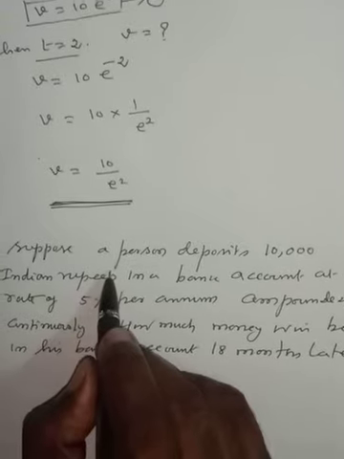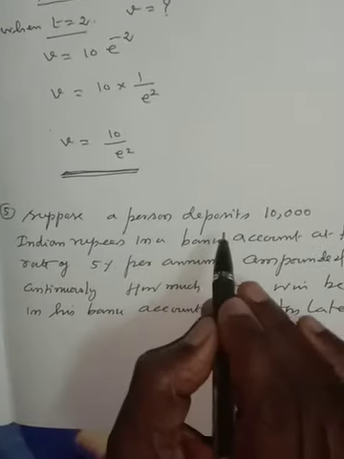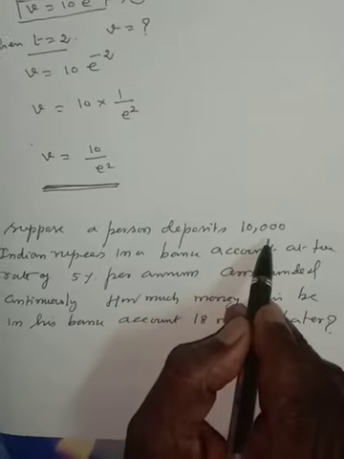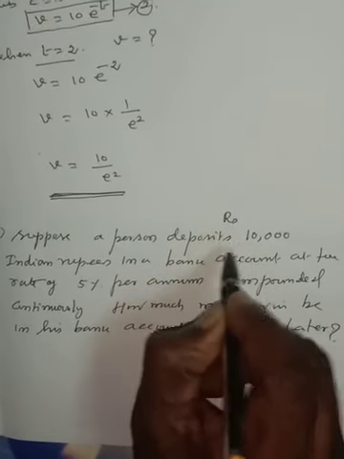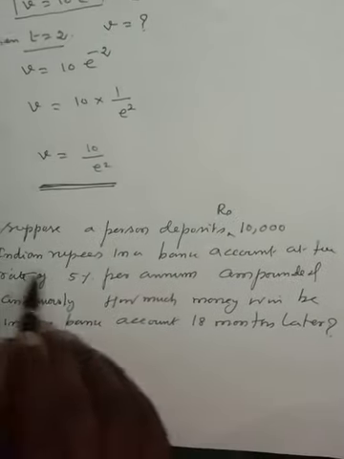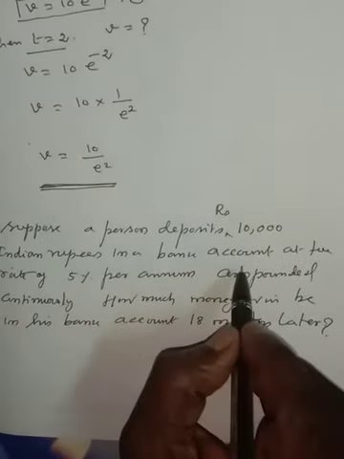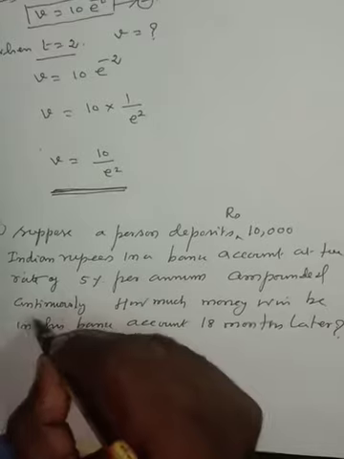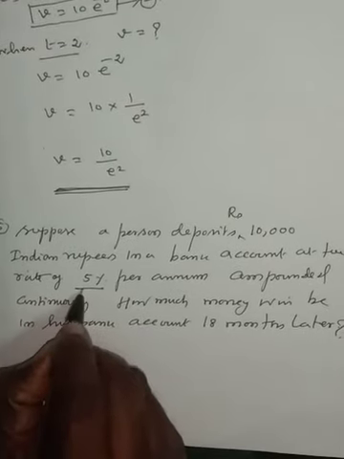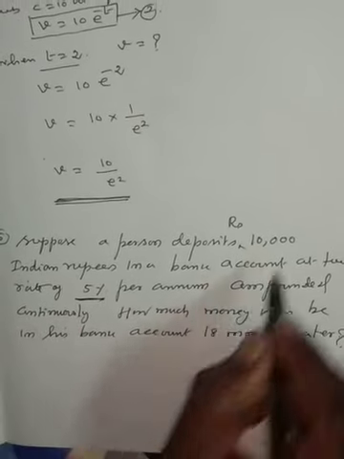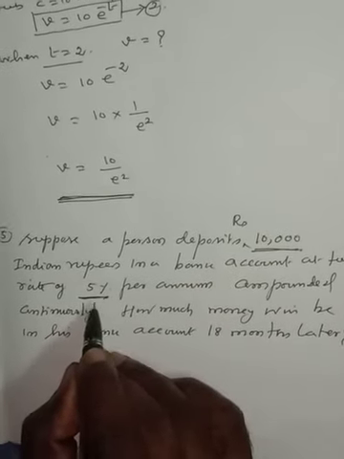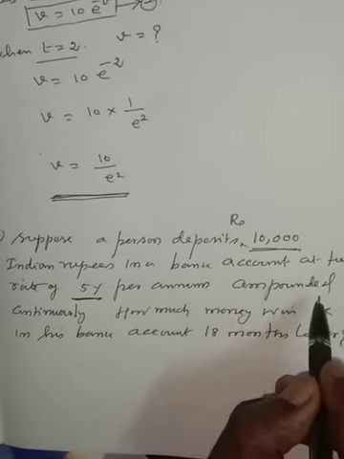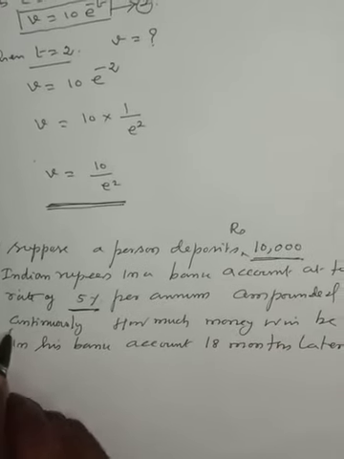Okay. A person deposits 10,000 Indian rupees in a bank account at the rate of interest 5% per annum, compounded continuously.